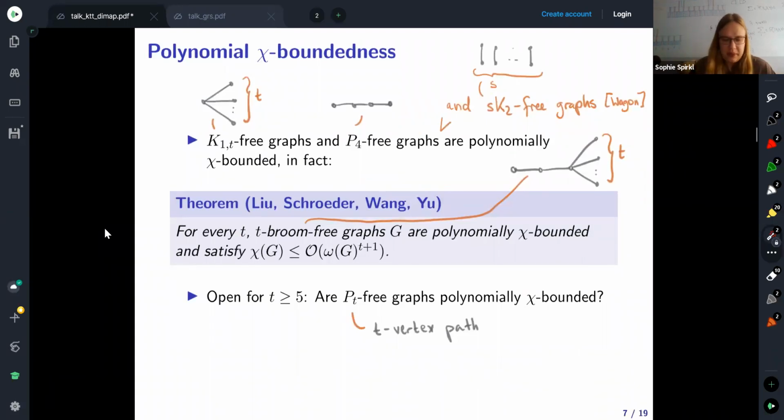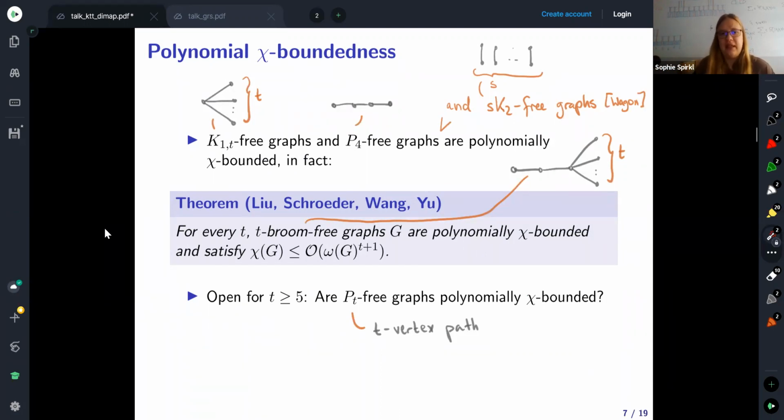So what do we know about polynomial chi-boundedness? From what I've told you so far, we can only hope that it's true for H-free graphs if H is a tree or a forest. And also, since P5 is still open, there should be a forest that doesn't contain P5 as an induced subgraph. So that narrows down the options a little bit.